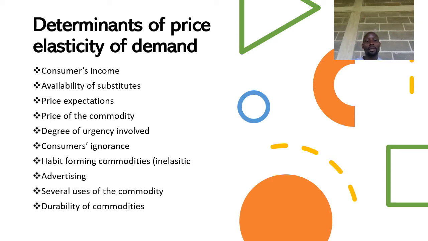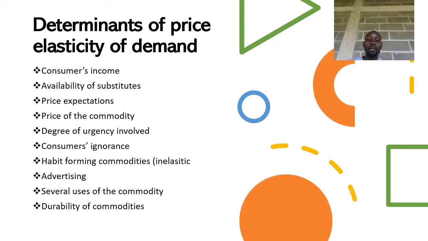Then the last one is about the durability of commodities. Durable commodities have inelastic demand. Take an example of a bed. Someone can use a bed for more than 10 years. So a decrease in price for beds may not encourage people to buy more beds. Why?